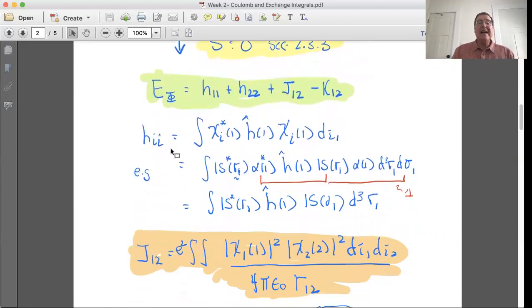All right, so here's H11 written out in terms of spin orbitals. It's the little one electron Hamiltonian, kinetic energy and attraction to the nucleus, and orbital 1, which I have designated above as 1s alpha. They both get complex conjugated: 1s alpha. Now I'm going to integrate over the spatial coordinates and the spin coordinates.